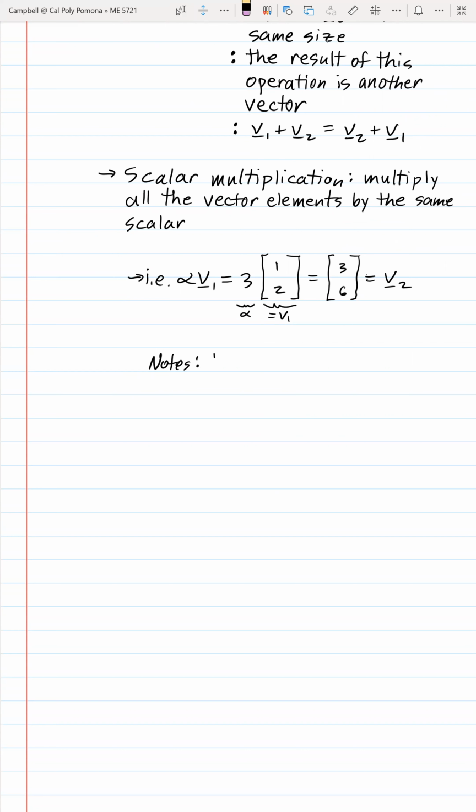So clearly we can see that the result of this operation, assuming we're starting with a vector, of course, is simply just another vector. Again, not at all shocking, but still good for us to make a note of that particular property.